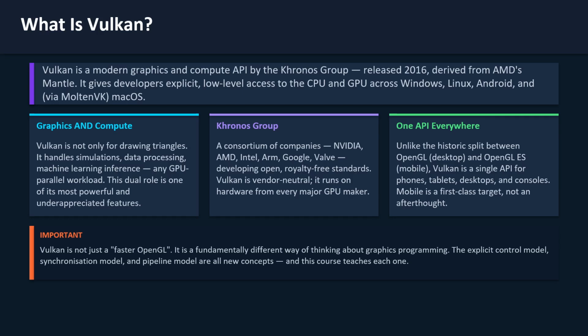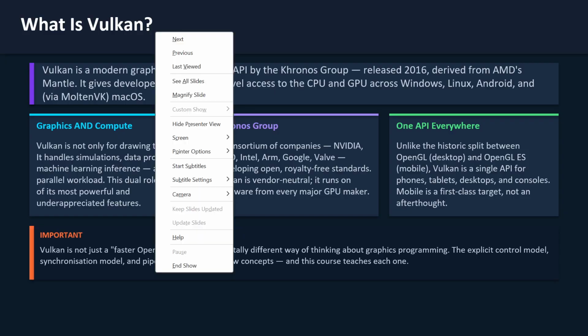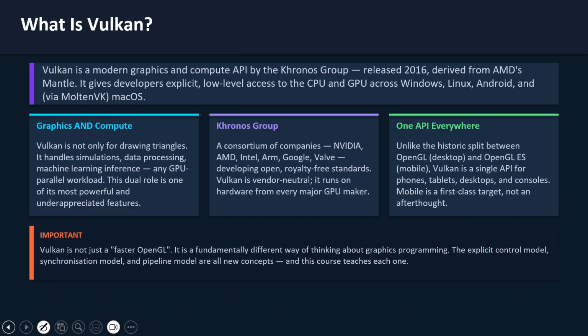Okay, so I covered just a bit ago what exactly Vulkan is. Like I mentioned, I already gave you the history: Vulkan was released in 2016, after Apple released their Metal API.